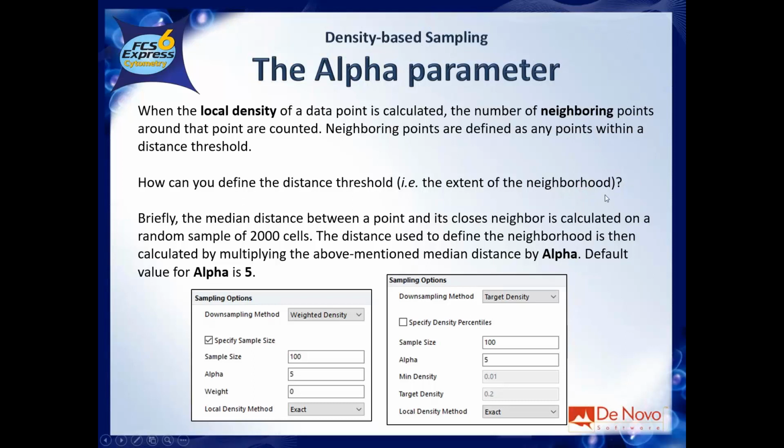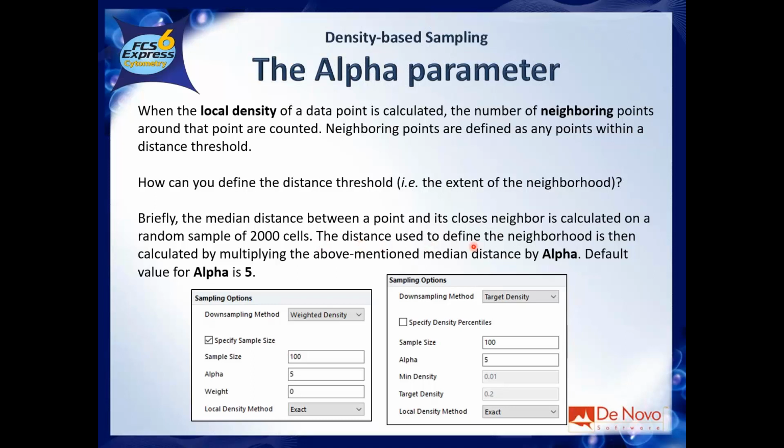What we are doing in FCS Express is to calculate the median distance between a point and its closest neighbor, and we calculate this median using 2,000 randomly sampled cells. So this is the estimate of the median for closest neighbors.